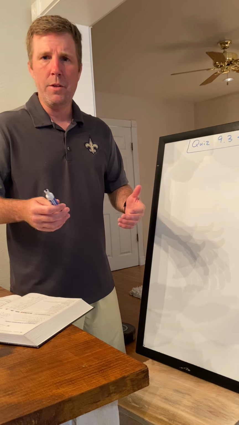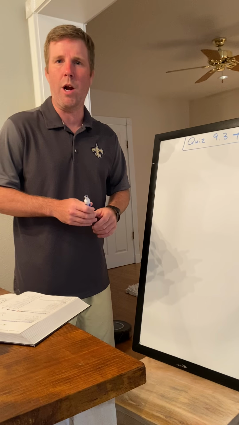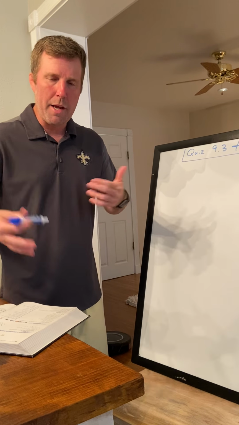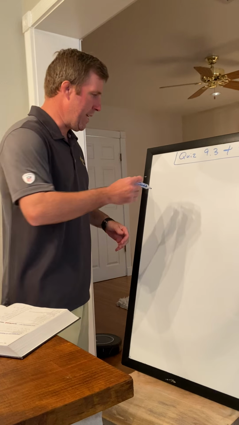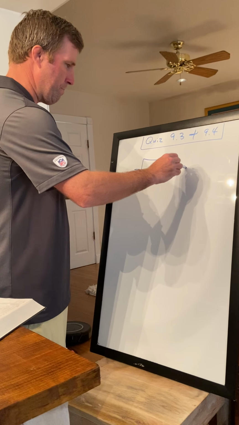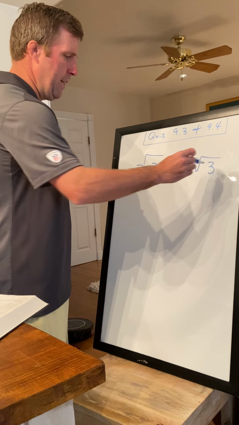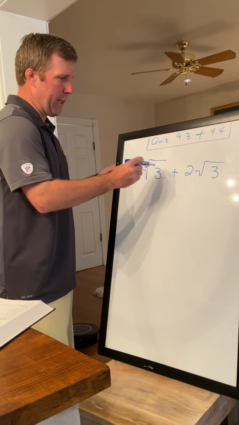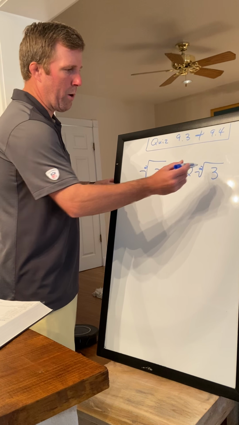First thing I'm going to go over, 9.3, is adding and subtracting radicals. Real quick, remember that in order to add or subtract, the radicals have to have the same index and the same radicand. So we know that this is asking about the square root. There's a 2 there. This is asking about the square root. There's a 2 there.